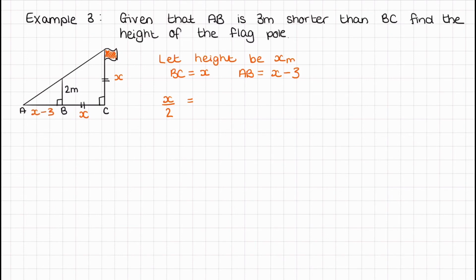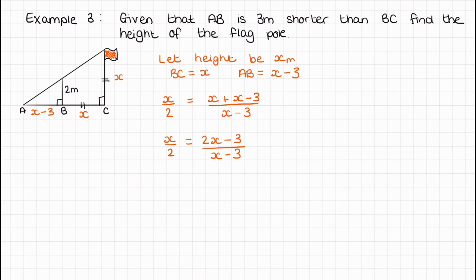Now the base of the big triangle will be x plus x minus 3. So that's the whole length of the bottom divided by that length of the smaller triangle, which is just x minus 3. So because these triangles are similar and they're inside each other, ratios of corresponding sides are the same. Now from here we can simplify things down, so we're still going to have x over 2 equals x plus x, which will be 2x minus 3, all over x minus 3.